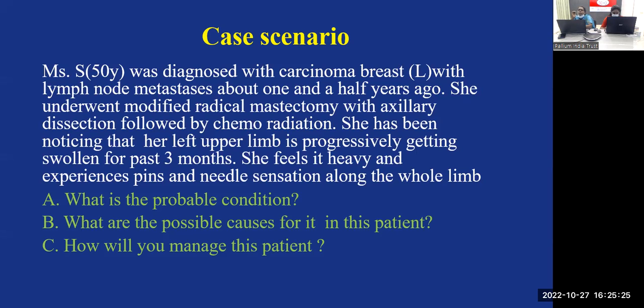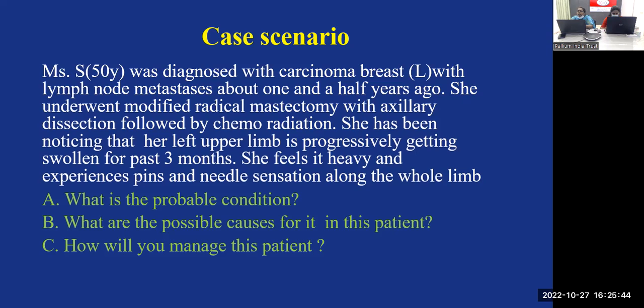After that, the patient is taking chemotherapy, and the other one is radiotherapy. So the radical mastectomy, radiotherapy and chemotherapy: these are the three possible causes of this patient developing lymphedema.